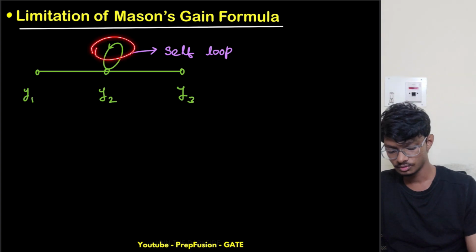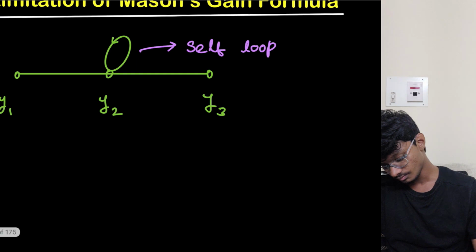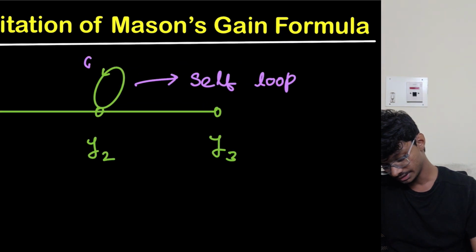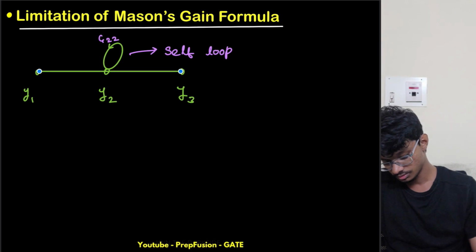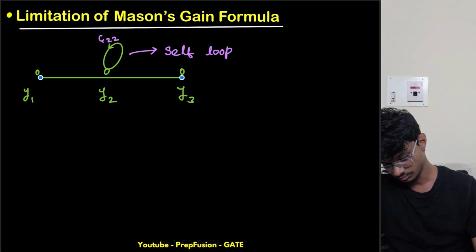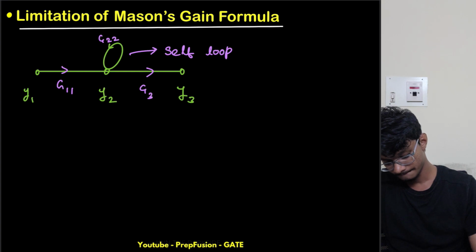Let's say the gain of this self loop is G22. The gain of this one is G11.